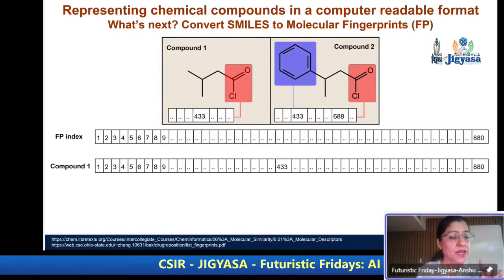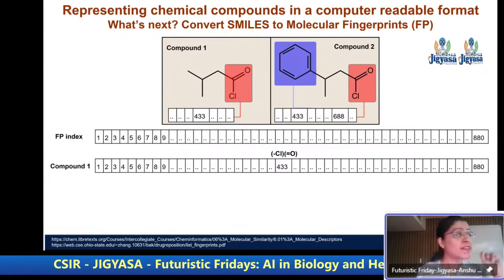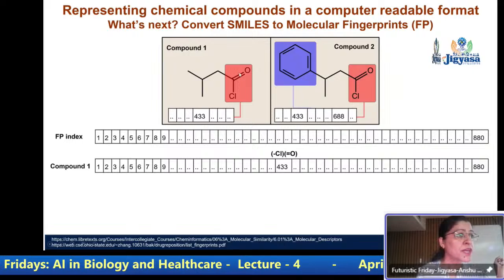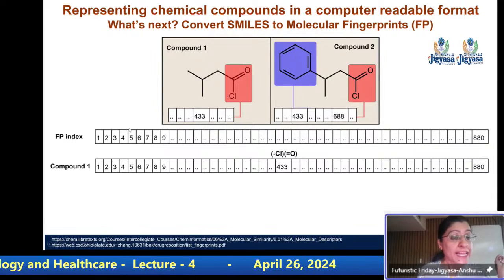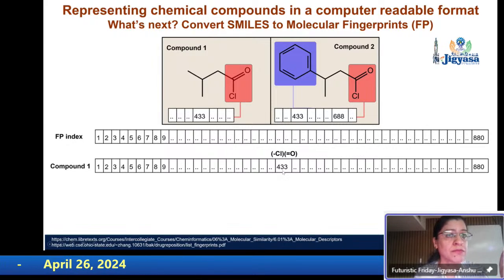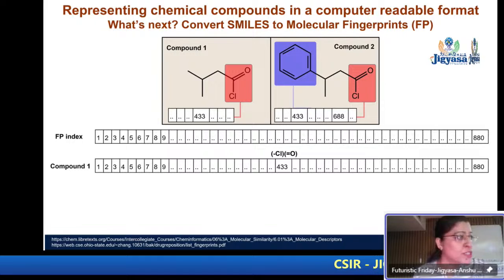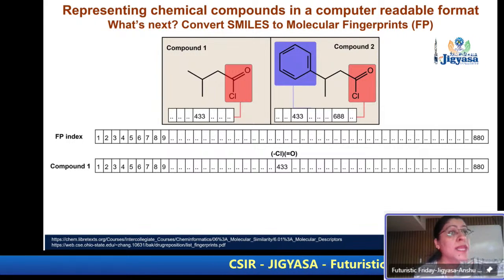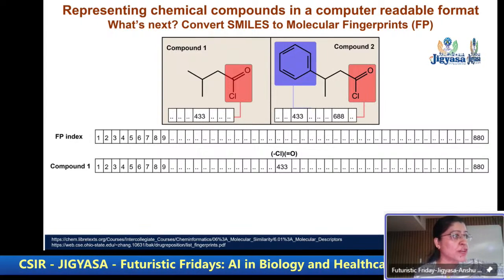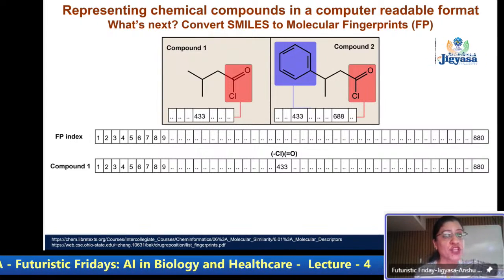So say for example, in compound 1, what is the functional group that you see here? This one, right? Now this functional group in this library appears at position 433. Somebody has already predefined all the possible functions and given each function a number. That if it is at first position, X function will come. At second position, Y function will come.